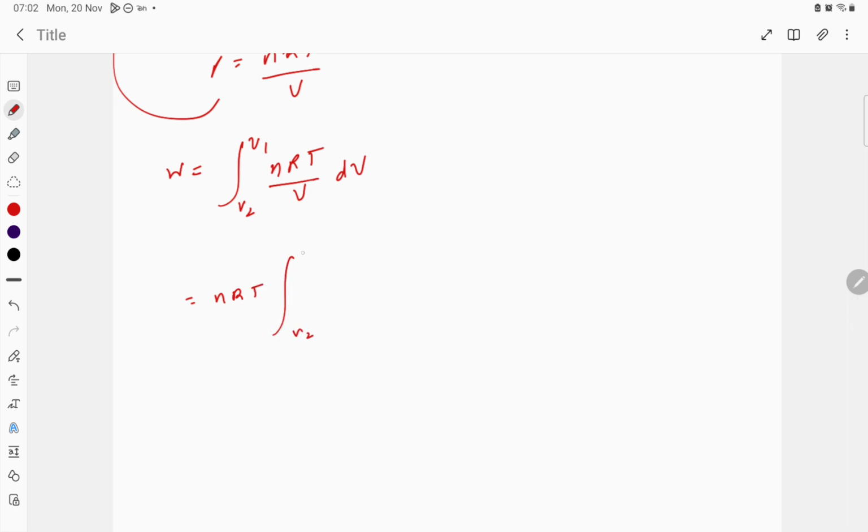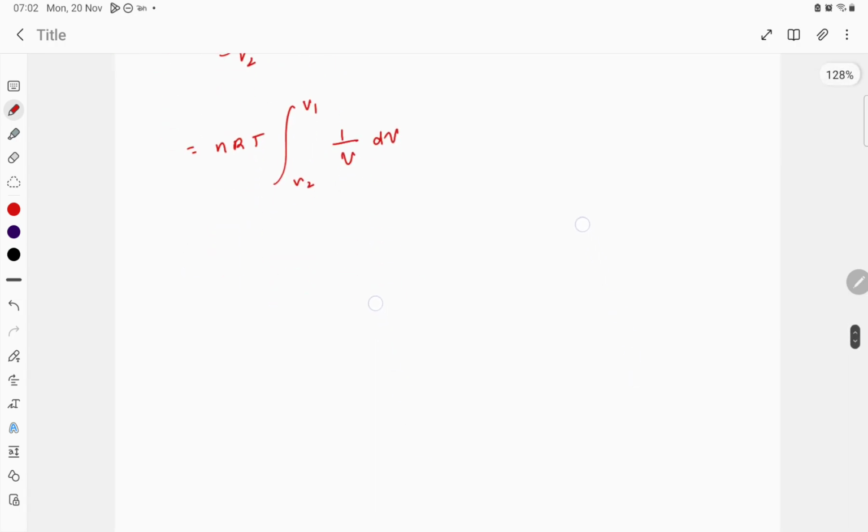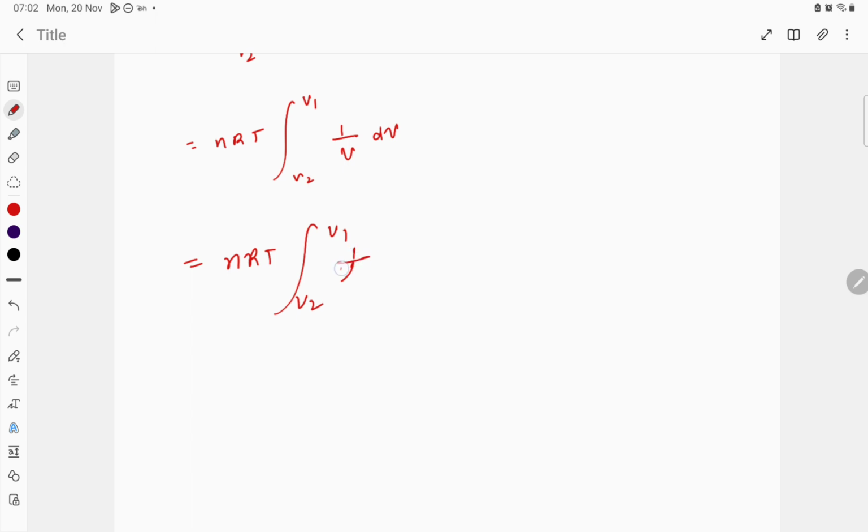Here is the lower limit and upper limit, 1 by V dV. So it is going to be ln. Now you know, student, 1 by x dx is equal to ln x.